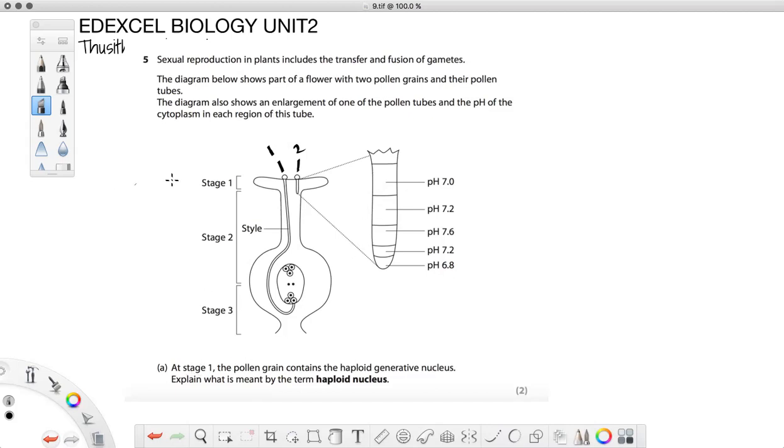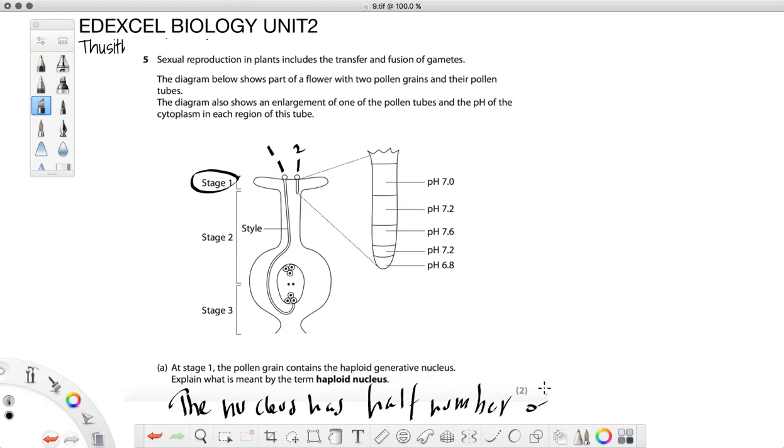At stage 1, the pollen grain contained the haploid generative nucleus. Explain what is meant by the term haploid nucleus. The nucleus has half the number of chromosomes.